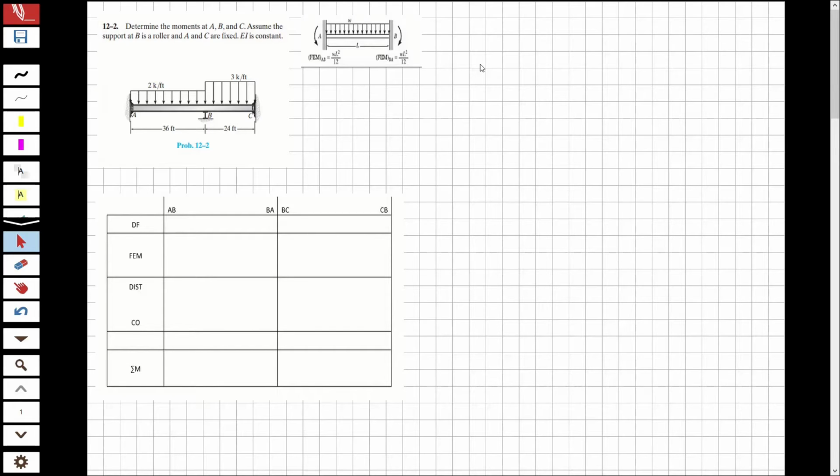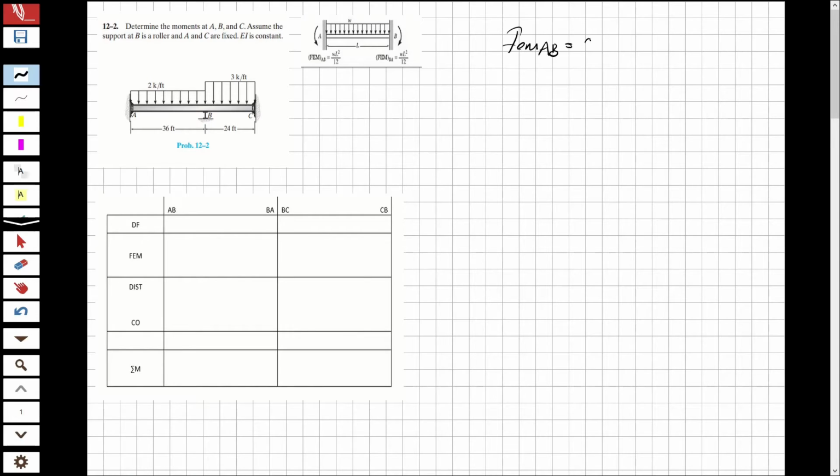In this video, we are going to analyze the questions about the structural analysis. The question will be analyzed using the moment distribution method. Let's analyze the question. First, I'm going to specify the fixed end moments. Fixed end moment from A to B is WL square over 12.